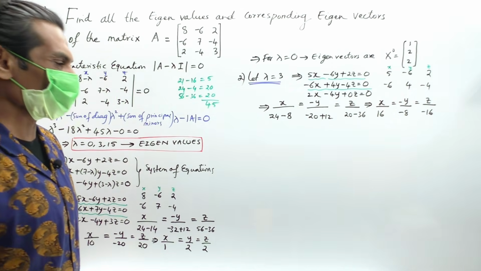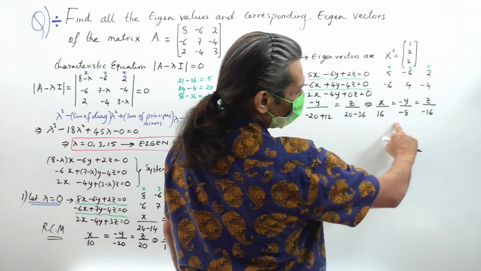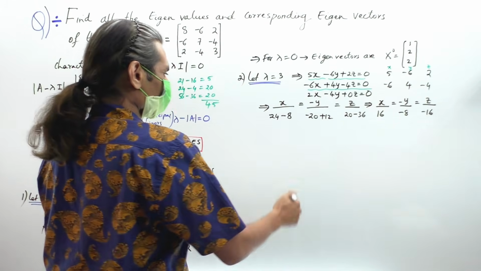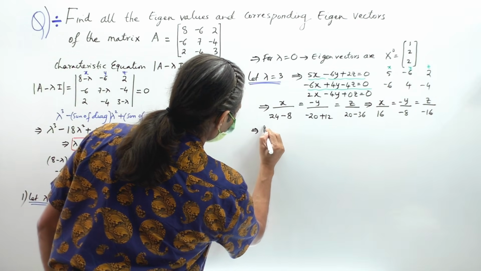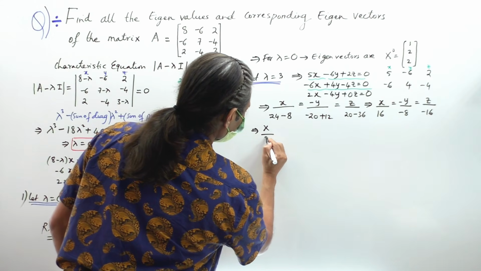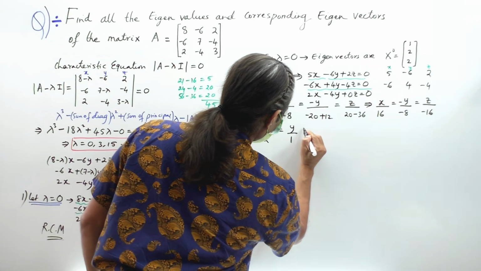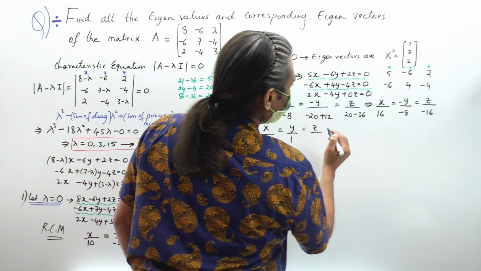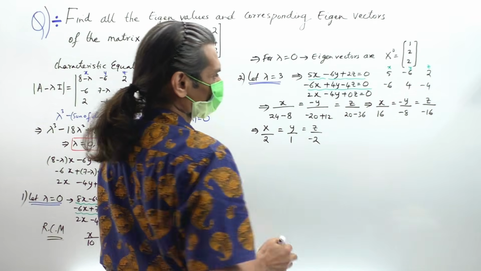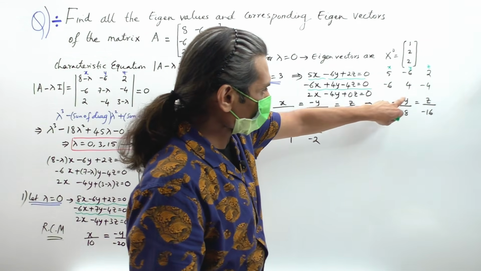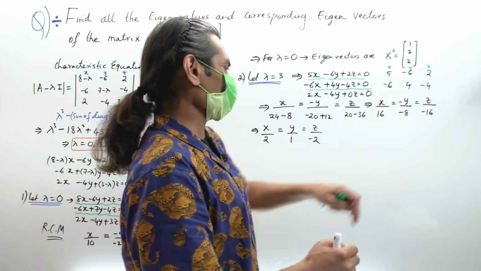So I can divide the whole by 8. When I do that, I get x by 8 twos are 16, minus minus becomes plus, y by 8 ones are 8, is equal to z by 8 times minus 2, that is minus 16, minus minus becomes plus, and minus 16 is 8 times minus 2.